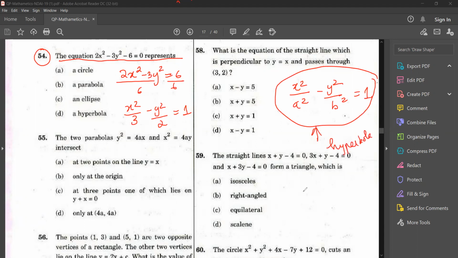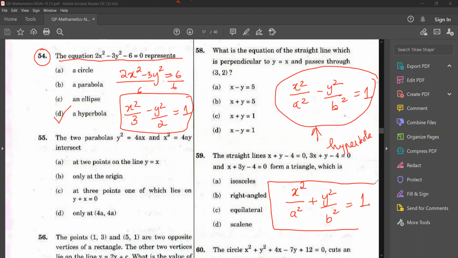So this is a hyperbola. Answer option D, hyperbola. Now just for your info, what is the equation of an ellipse? x square by a square plus y square by b square is equal to 1. That is the equation of an ellipse.